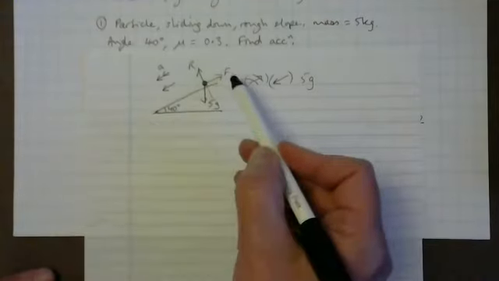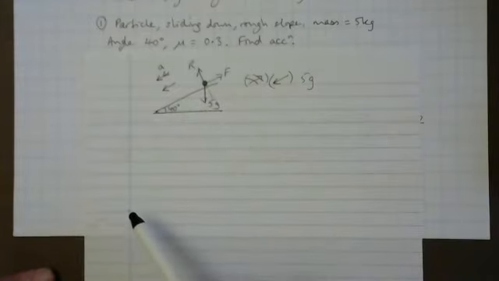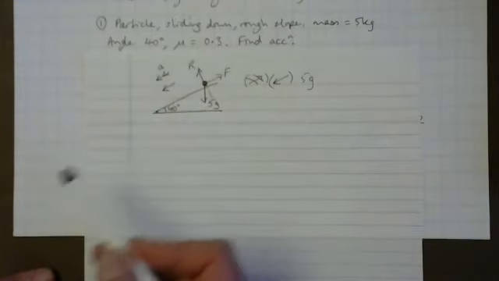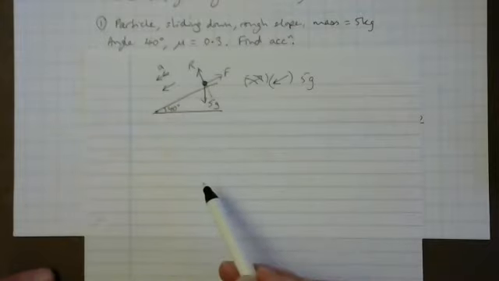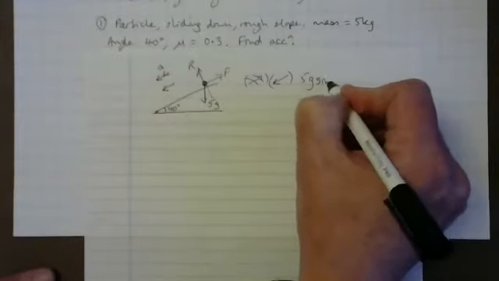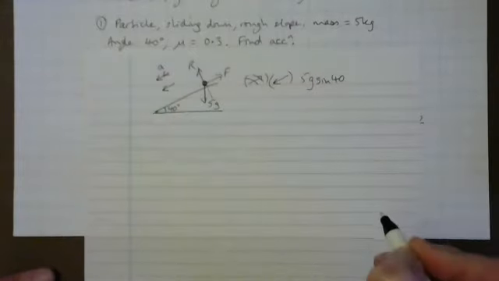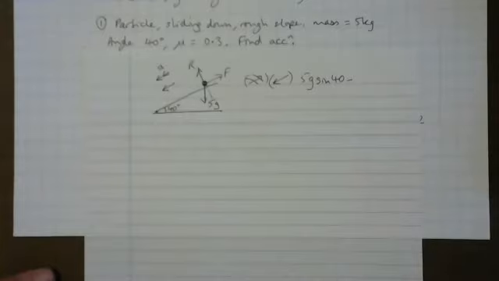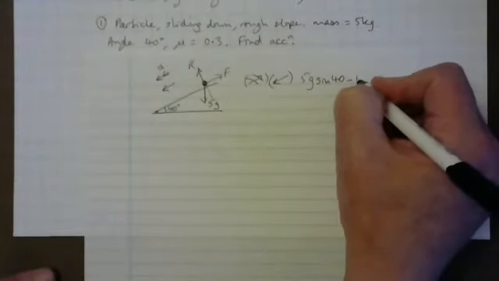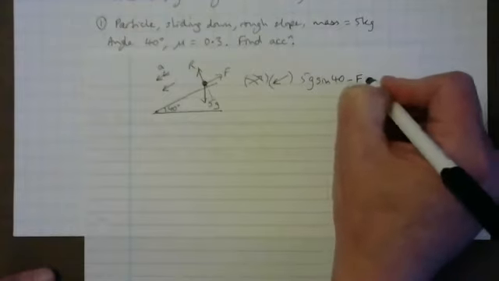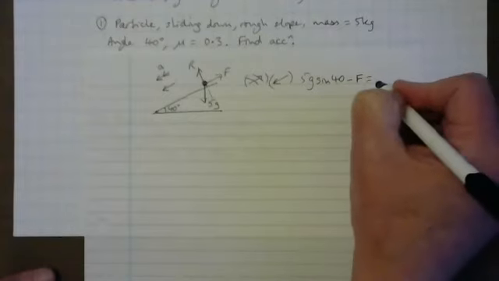Notice by drawing this quite small, I end up with quite a small angle just here. That's the opposite side to the 40. Opposite is sine. So 5g sine 40, minus the force going up the slope, just say F for now, equals mass times acceleration.